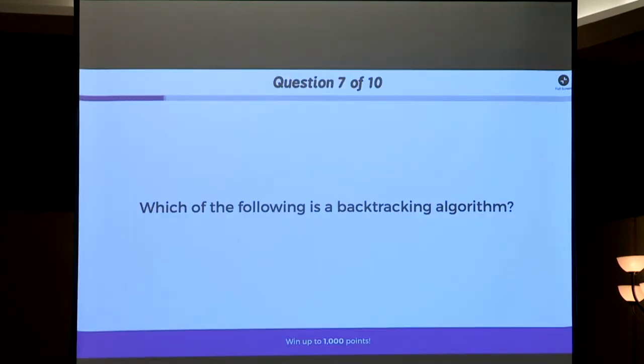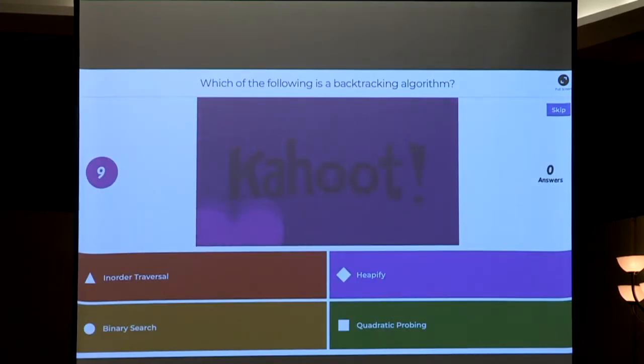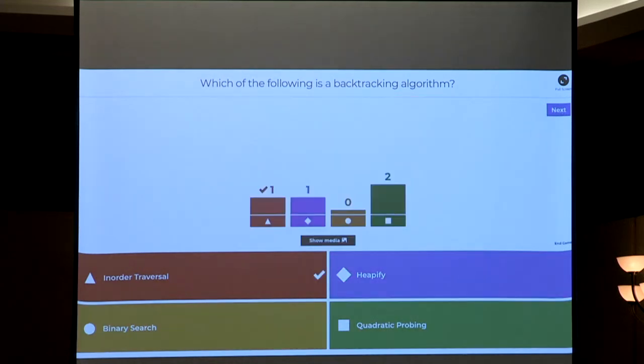Okay. Which of the following is a backtracking algorithm? I gave you non-obvious ones. Quadratic probing is not a backtracking algorithm. That's just going in order through an array.